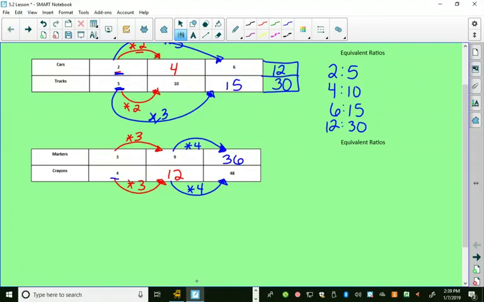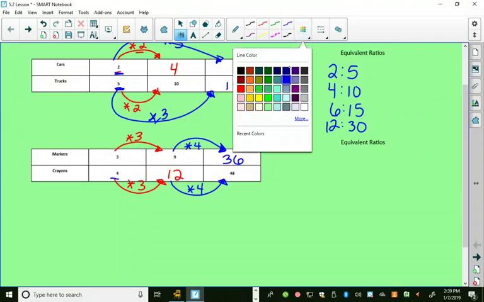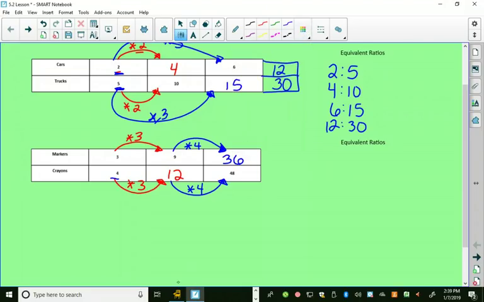Now in this particular case, I technically could have also gone back to the original 3 to 4. And I could have gone from 4 right to 48. And I know that 4 times 12 is 48. And then I would have gone back to the 3 and done times 12. And I know 3 times 12 is also 36.